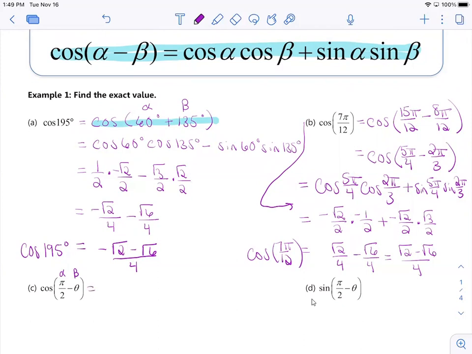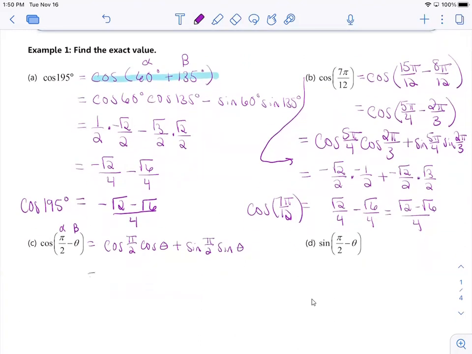I'm going to use this formula. Because it's pi over 2 minus theta, I'm going to use the one that's highlighted, the difference formula. So cosine of pi over 2 times cosine of theta plus sine pi over 2 times sine of theta.